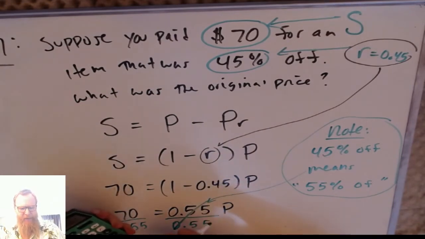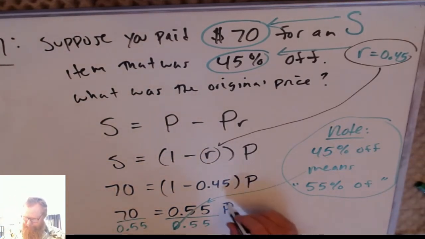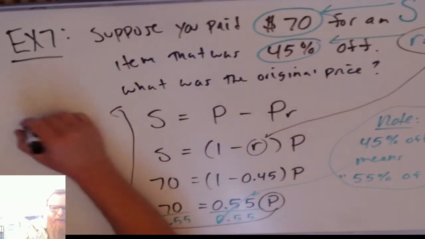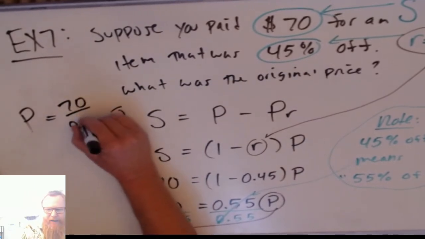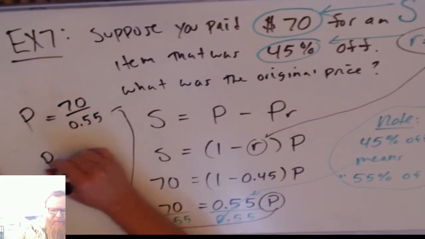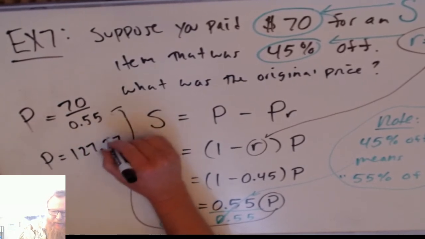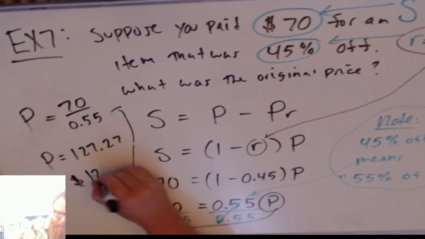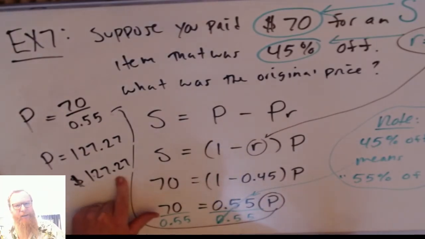So $70 divided by 0.55 is P. I'm coming over here now. P is 70 divided by 0.55, which is 127 and 27 cents. Now that's an interesting decimal.